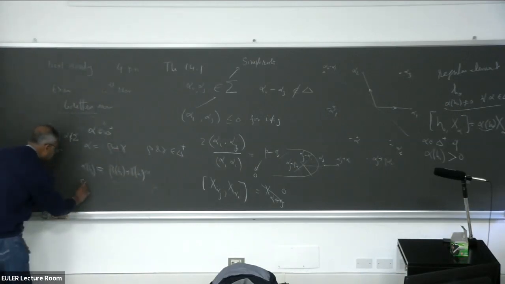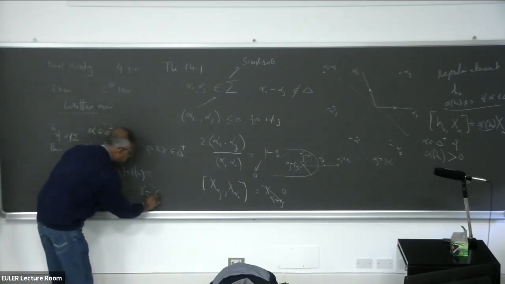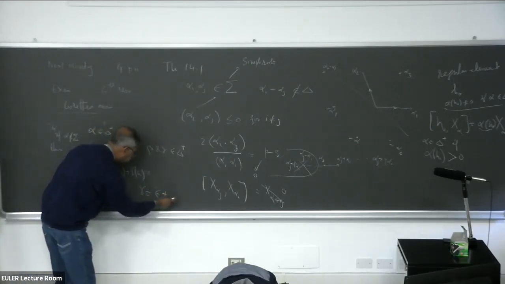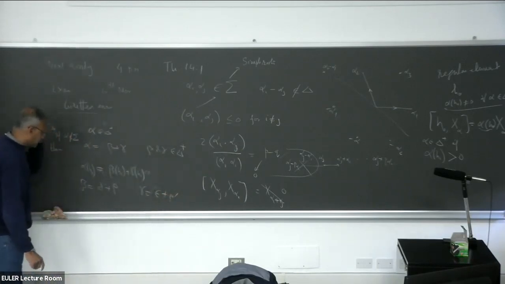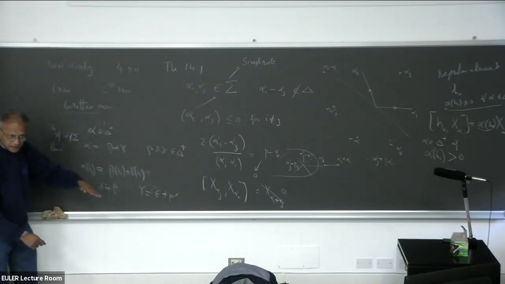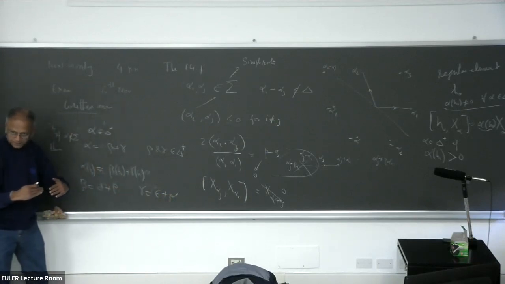Then I should be able to write beta as delta plus rho, and gamma as epsilon plus rho prime. When you evaluate these at H0, their values will be less than that, which means they're all going to be less. So it keeps decreasing as you go to the next steps.